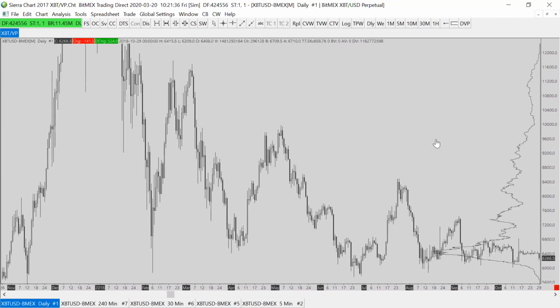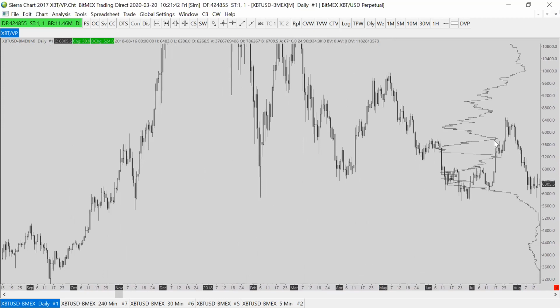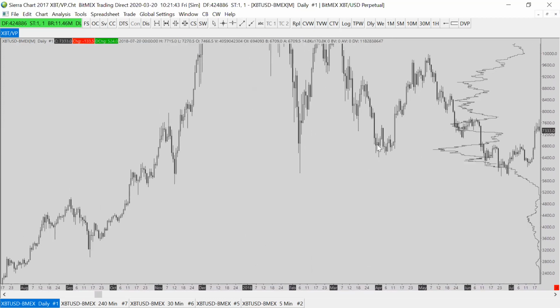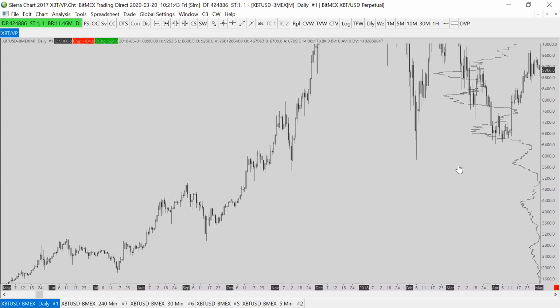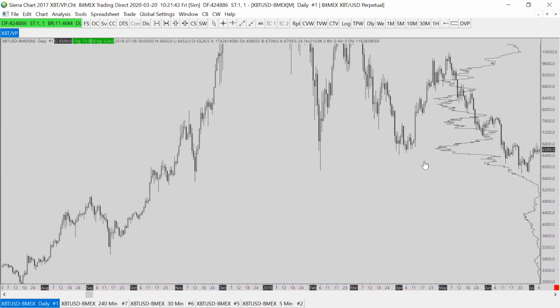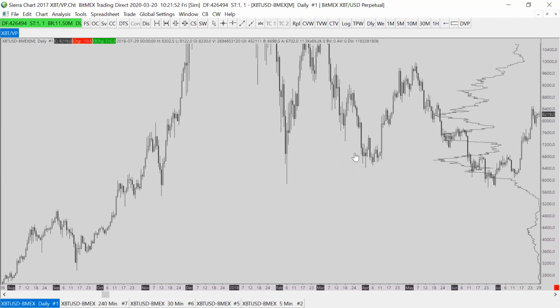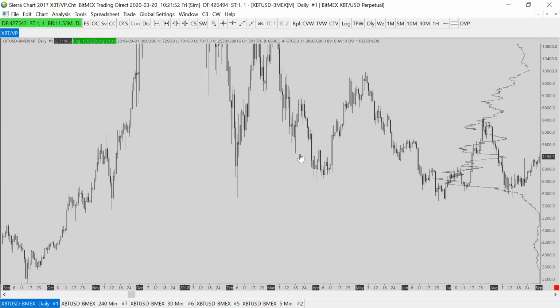For example, this LVN at 7.7 and the one at 7.2, you just keep your eye on those. You'll see that more volume is building, but those levels tend to remain over time, right?